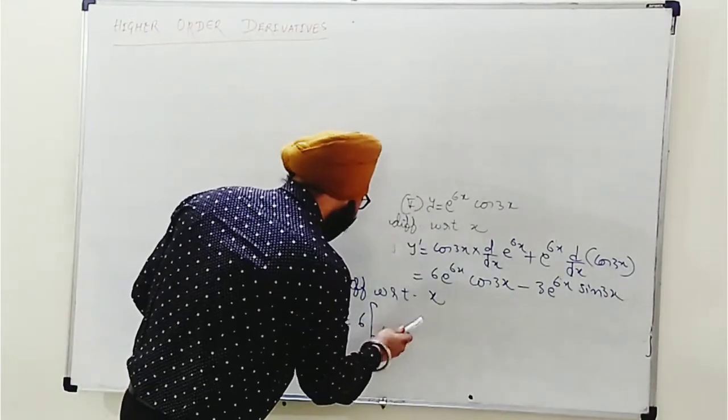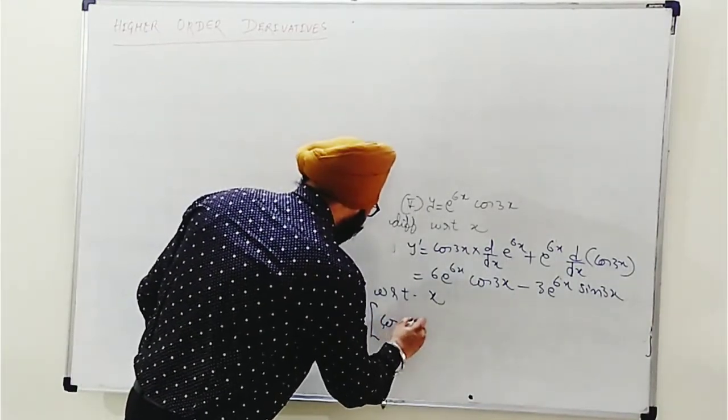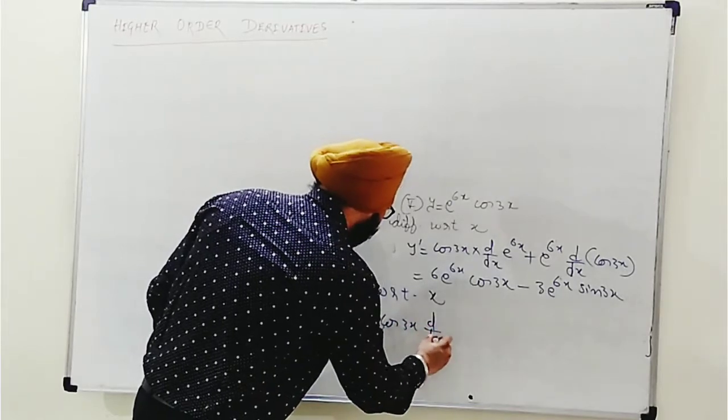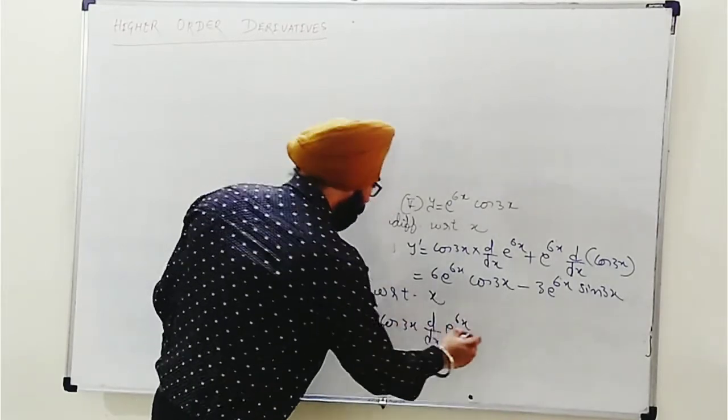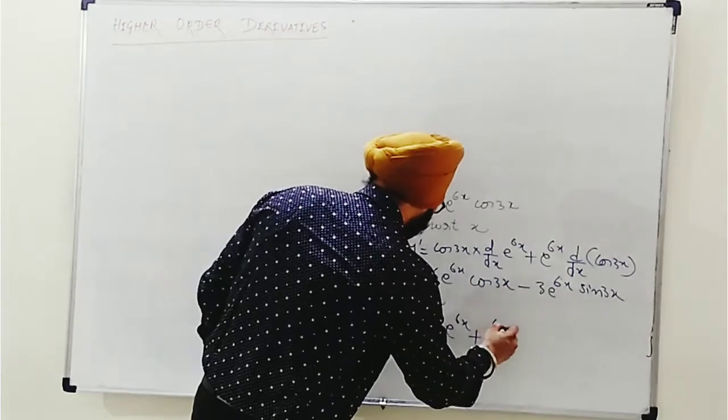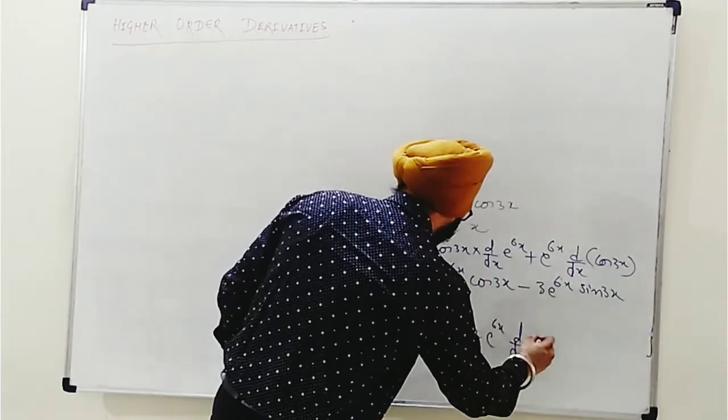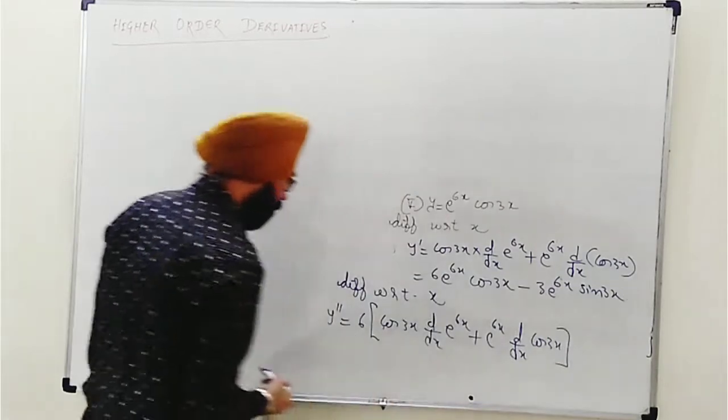We can write this way, cos 3x as it is, and I am doing differentiation of e to the power 6x in first, then e to the power 6x as it is, second I am doing differentiation of cos 3x by product rule.